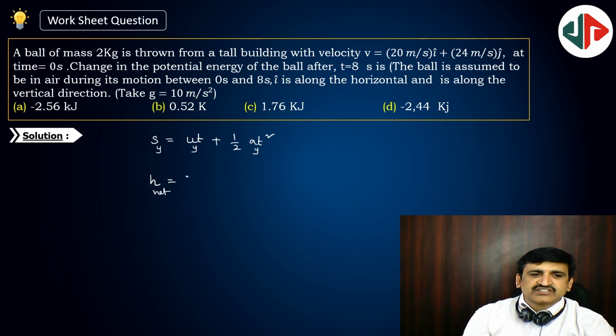Uy is 24 and time 8 seconds minus half ay, where g is 10 I'll take, into t square, 8 into 8. So 24 into 8. I would like to take 8 common. I will be happy with that. This will be 2 1s and 2 4s are 8, 1 8 left out. So 40 it is.